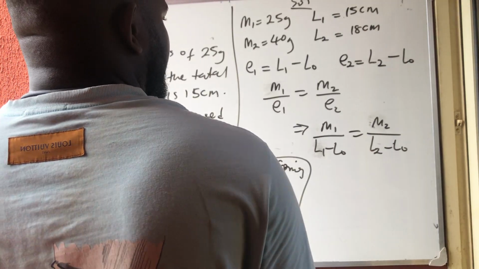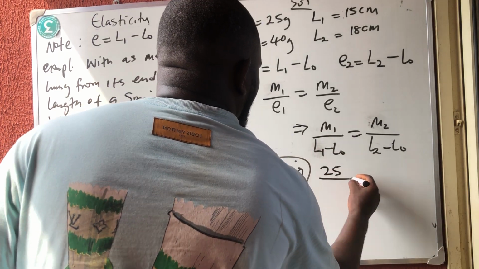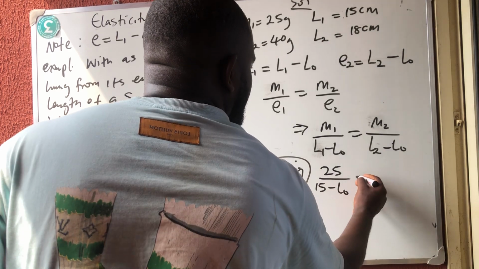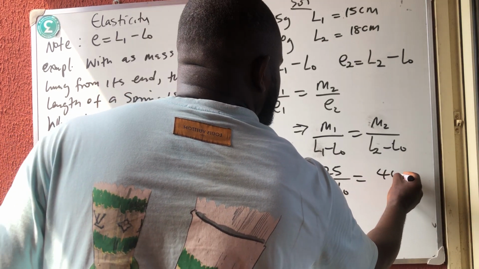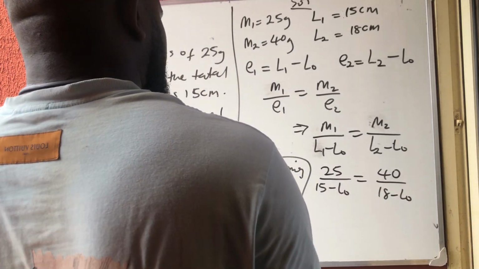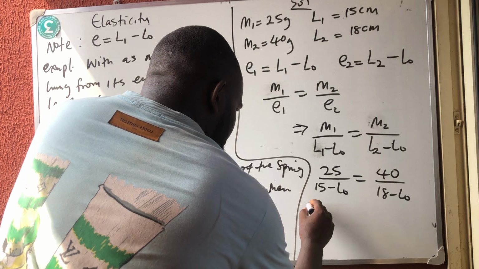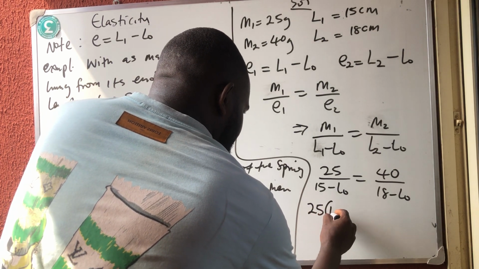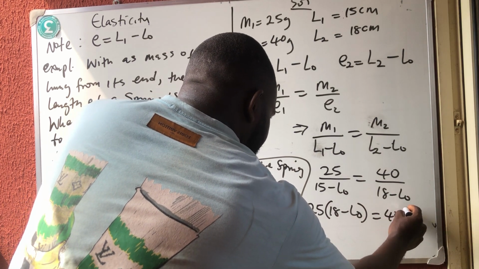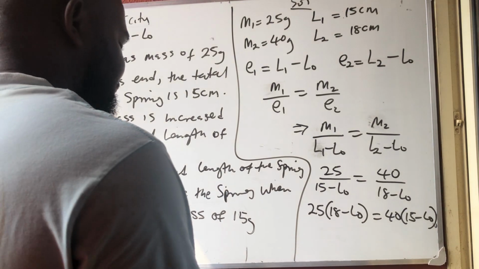So what do we have now? Our m1 is 25 all over 15 minus L0 is equal to 40 over 18 minus L0. So let us cross multiply. We are going to have 25 bracket 18 minus L0 is equal to 40 bracket 15 minus L0.